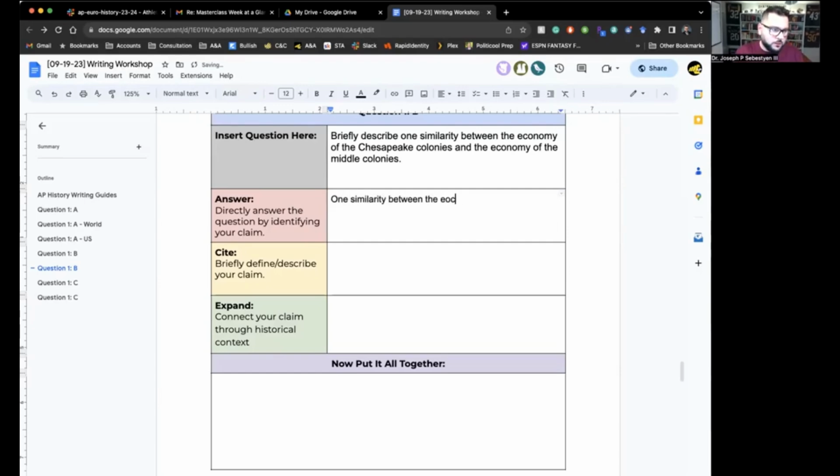Between the economy of the middle colonies, mostly on, and what do the two focus on? The Chesapeake focus on The Chesapeake focused on tobacco, and the middle colonies were more focused on grain.